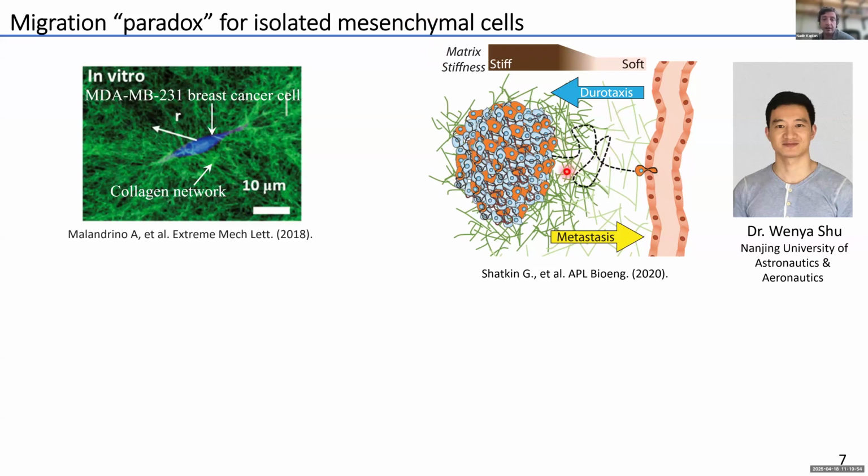For instance, there are cells that migrate from soft regions to stiff regions in a tissue, which is defined as durotaxis. But these same cells, or other types of cells, can also take the opposite route. For instance, this happens in metastasis for cancer cells. They undergo anti-durotaxis, from stiff to soft.